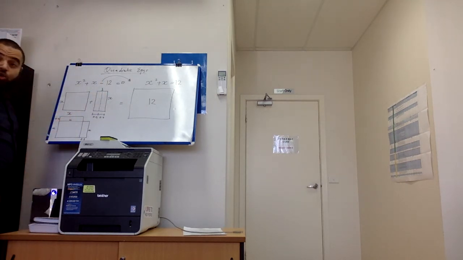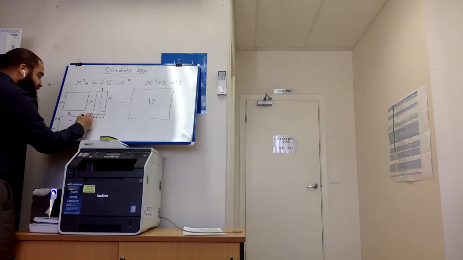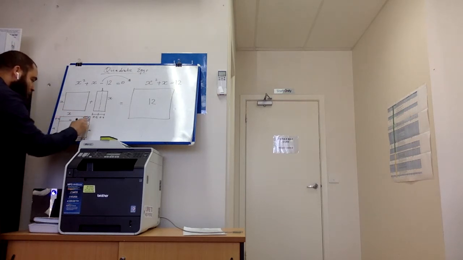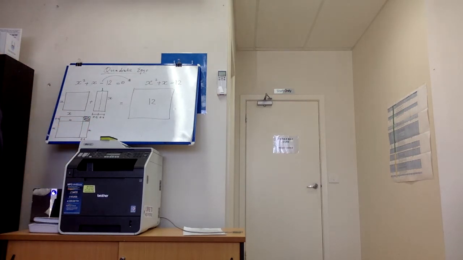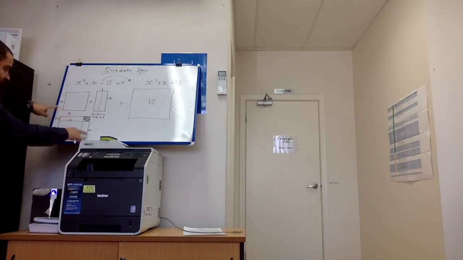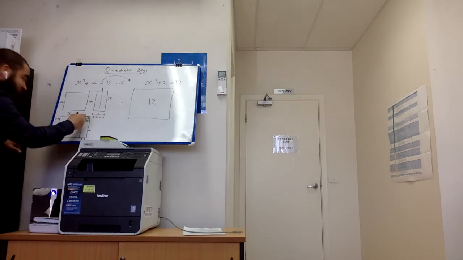Is this shape a square? No, so this part must be added so that the whole shape is a square. So this is x squared plus x. I need to add this term.